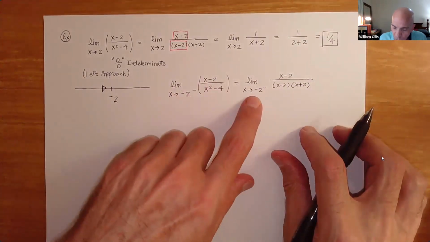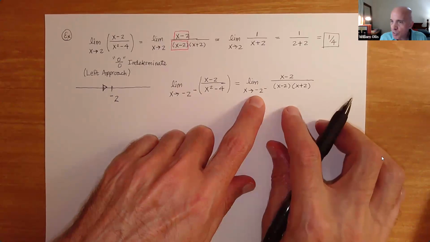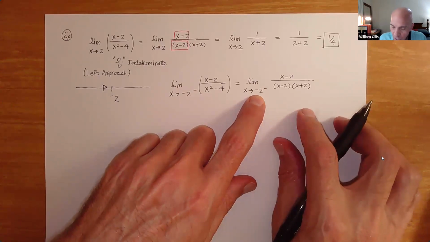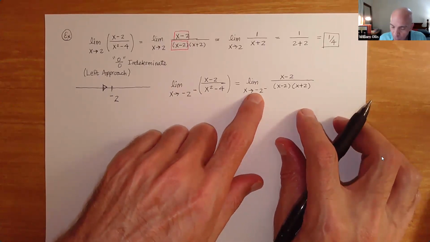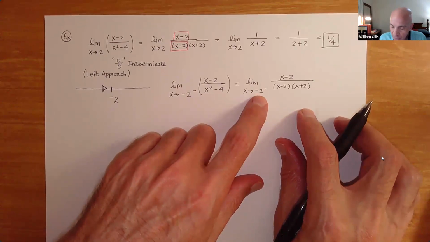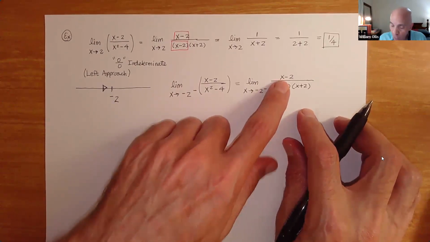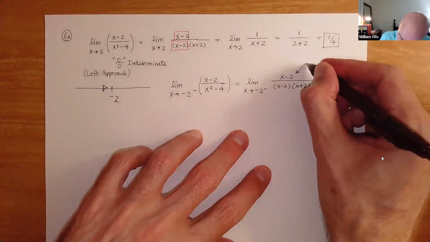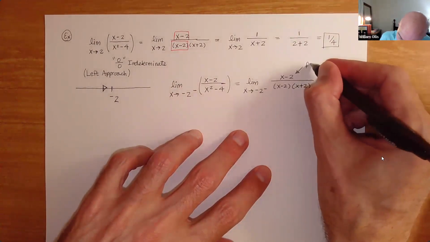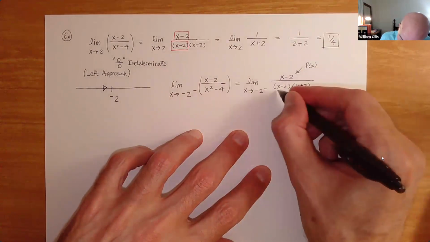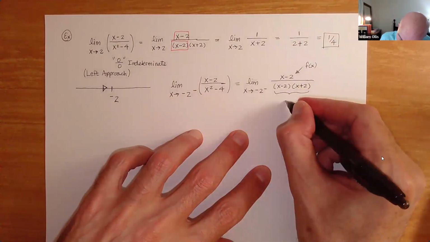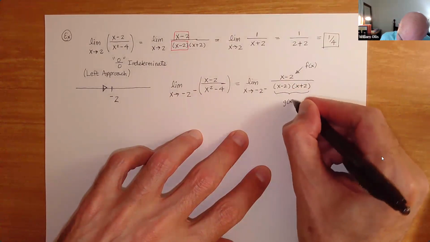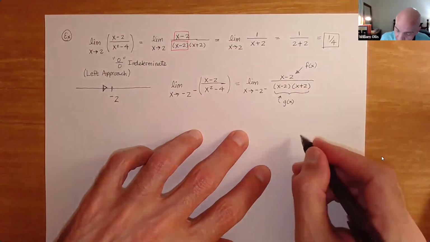Now, when you look at this and we do a direct substitution, notice in the numerator, if we replace x with -2, we get a -4. So we can maybe think of this as a function f of x, and think of the denominator as a function g of x, just for convenience.